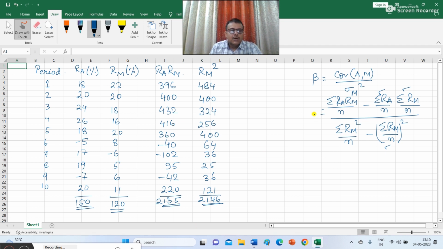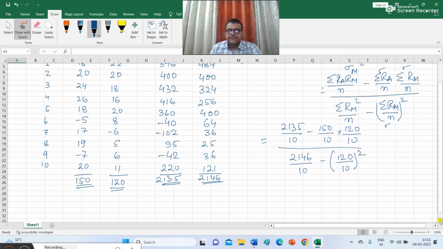So we are ready with all the values here, and we just put these values in this equation. So we will get the answer to question A. 2135 divided by 10 minus 150 by 10 into 120 by 10, divided by 2146 by 10 minus 120 by 10 whole square.